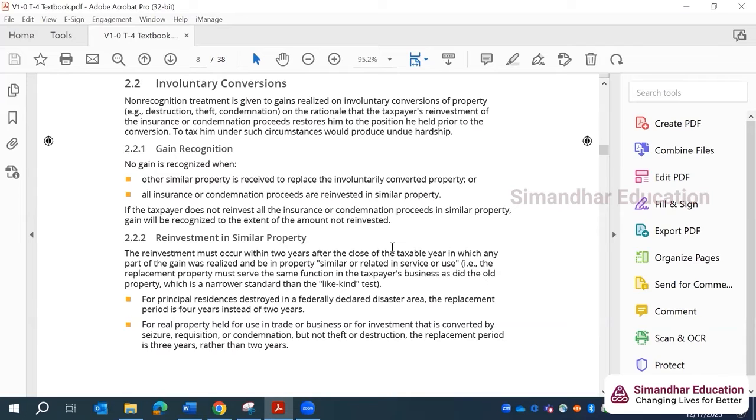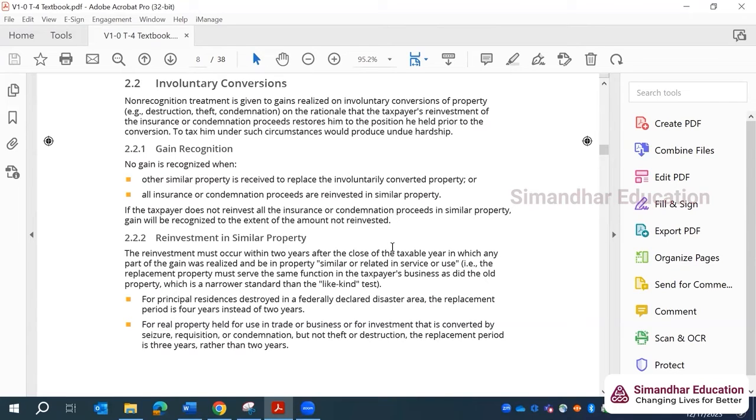Under involuntary conversions, that could be because there is condemnation of the property, destruction, or theft. So whenever there is an involuntary conversion, there could be two scenarios. One, there could be a gain in the transaction, and there could be a loss in the transaction. When we talk about involuntary conversions, if there is a gain in the transaction, the gain is deferred.